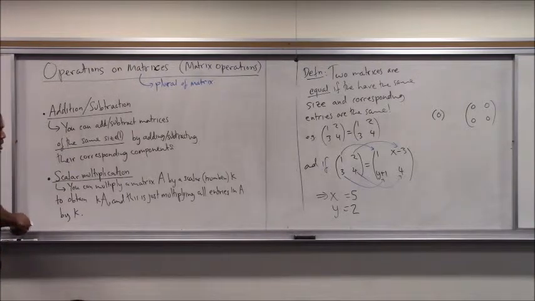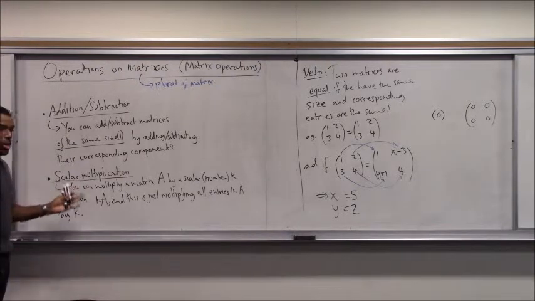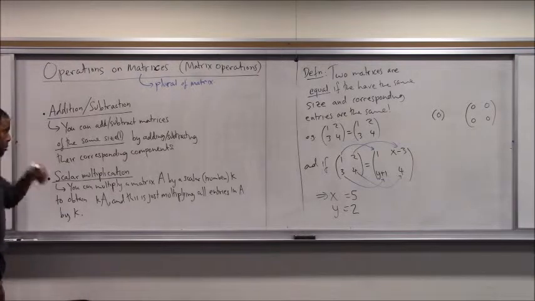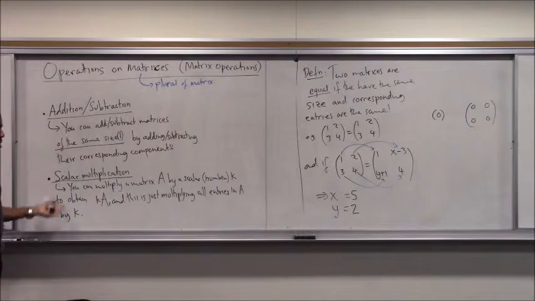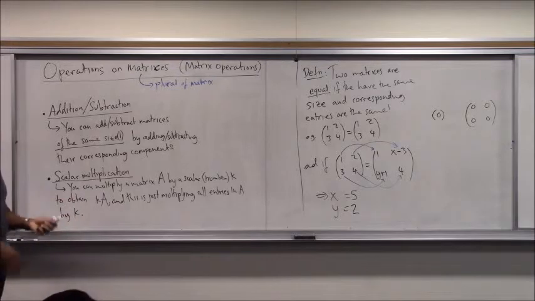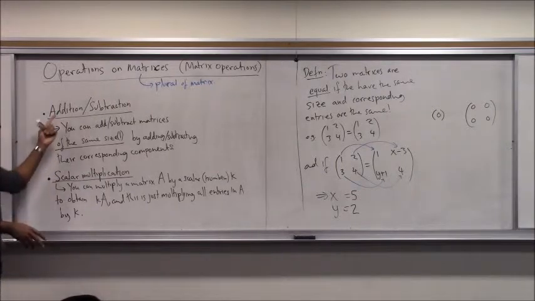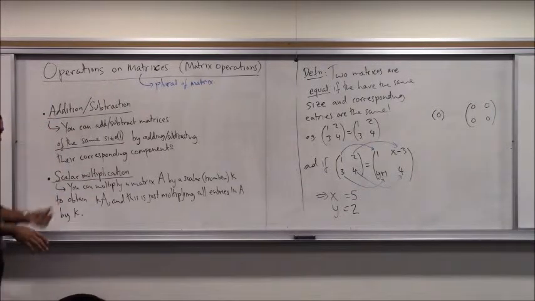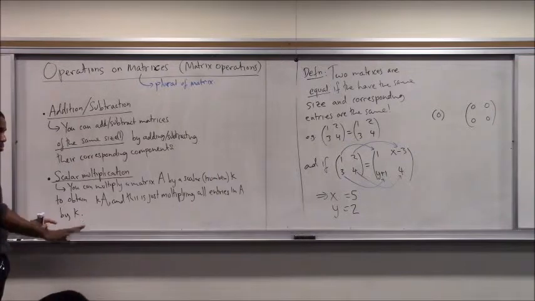So these are very natural operations. They kind of will work out how you think they should work out. That's not always true though. There are a lot of times I'm going to be writing down definitions to you, and it's going to be like, yeah, obviously, but nothing is obvious. Do not take that point of view with matrices. If I define something and it just happens to be obvious to you, take it as a blessing and move on. There will be things that are not going to be obvious, so I have to specifically tell you how to do very basic things. You just need to take those as law and move with it.